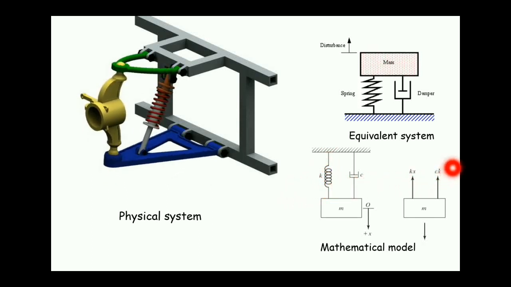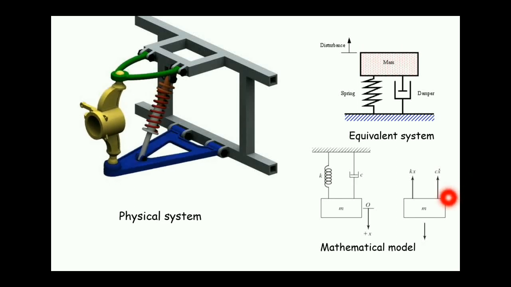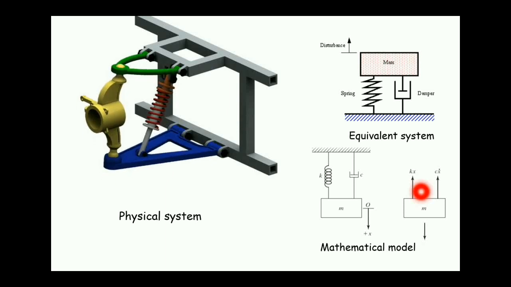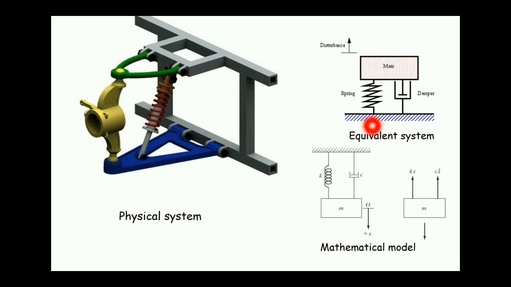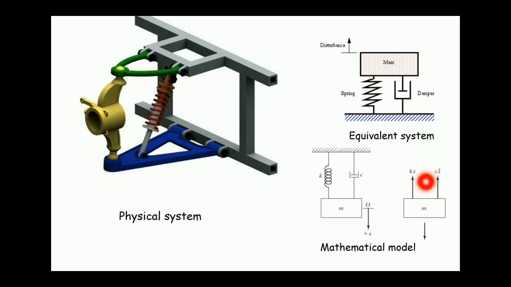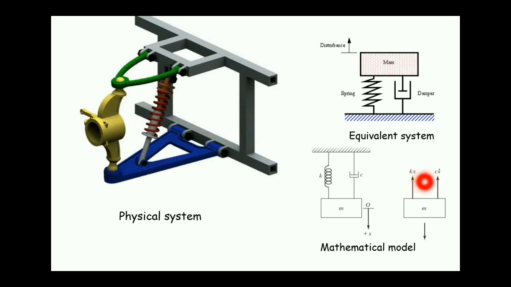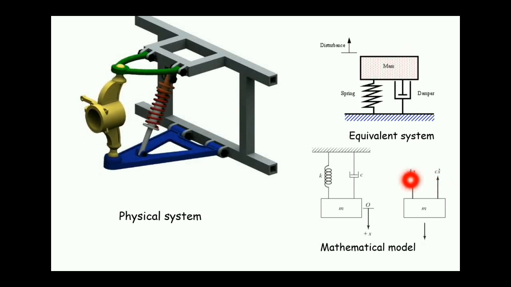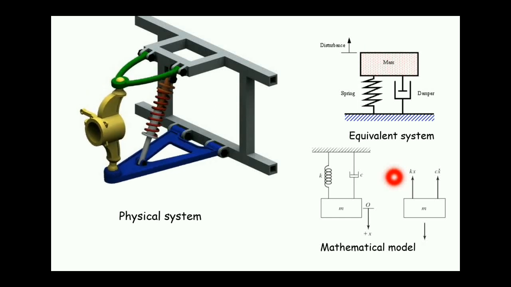So this is the free body diagram of this system. Here the mass m is acted on by two forces, one a spring force and the second a damping force. The spring force is represented by kx, whereas the damping force is represented by c x dot, where c is the coefficient of damping.